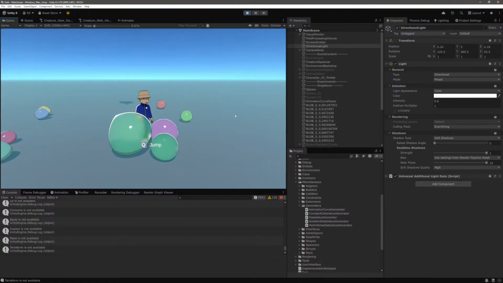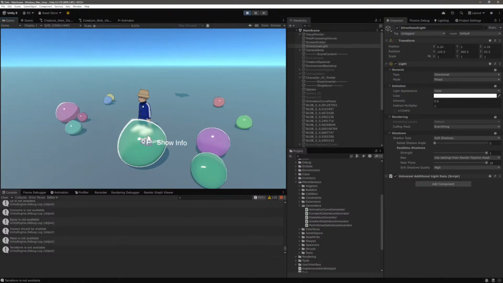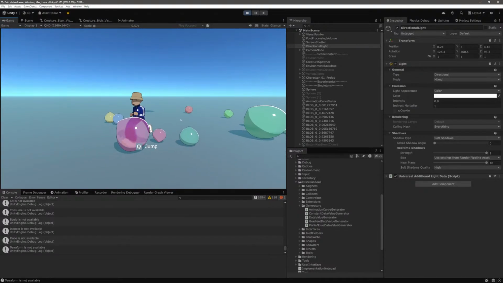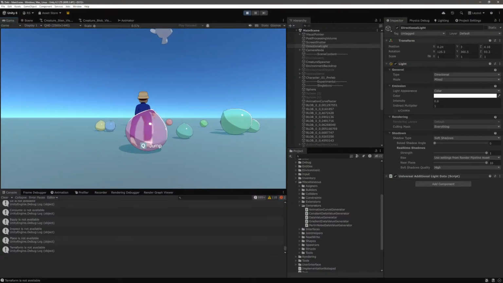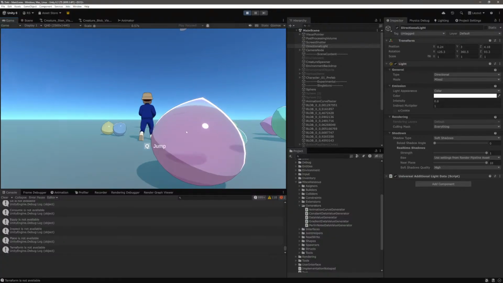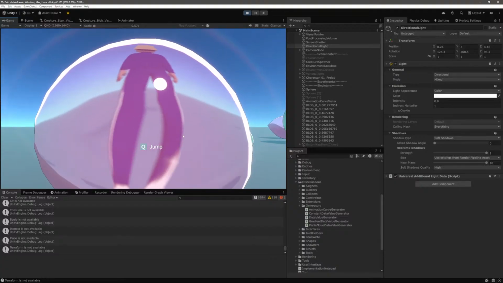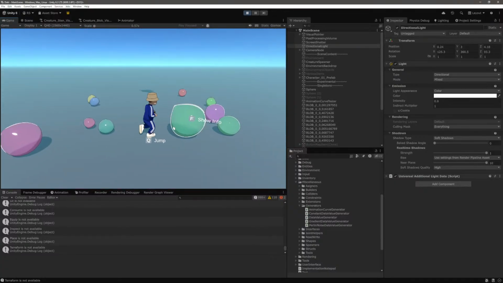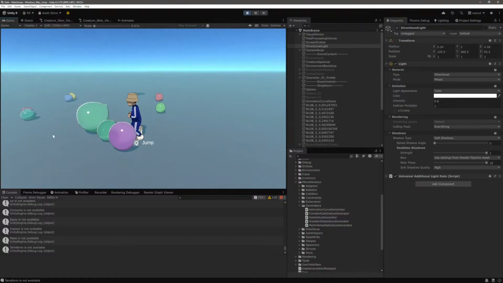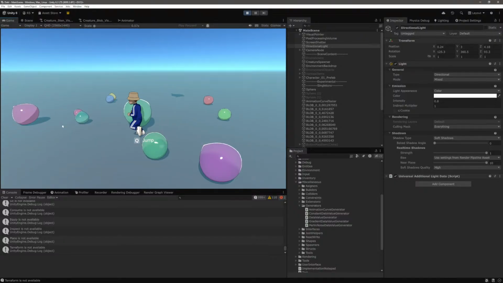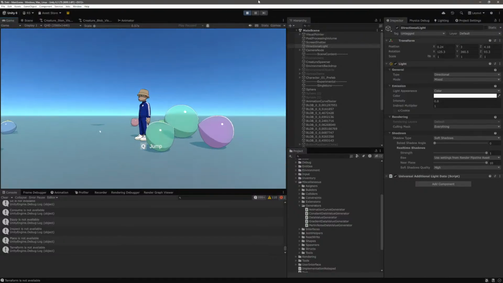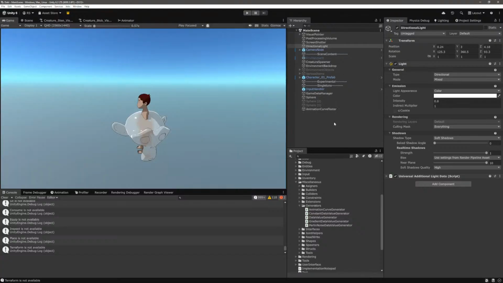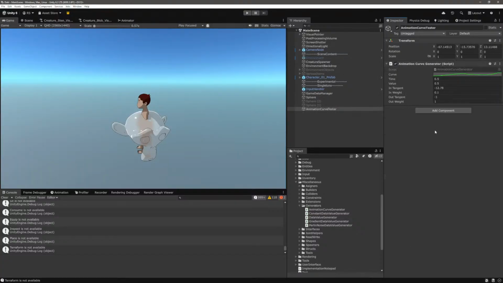And I don't really know what we're gonna do for eyes just yet. I wonder, do we really need eyes? Maybe they should be eyeless. I don't know. We'll see, but okay. Back to the animation curve generator.